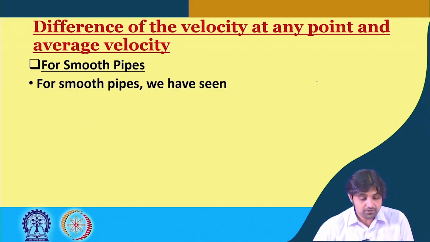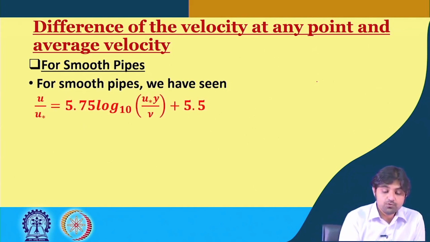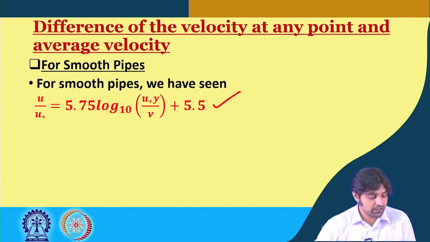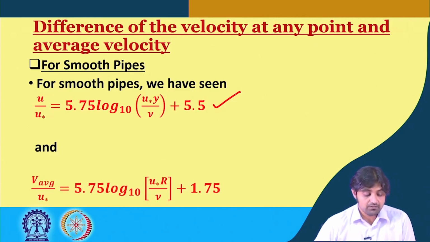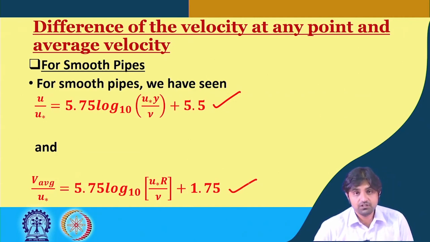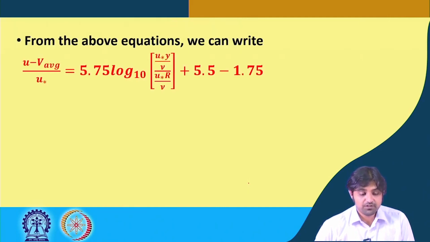For smooth pipes, we have seen the u by u star equation that we derived, correct, and we also just now saw that V average by u star is this equation, right. Therefore, we can simply subtract these two equations and find u minus V average by u star. Okay.